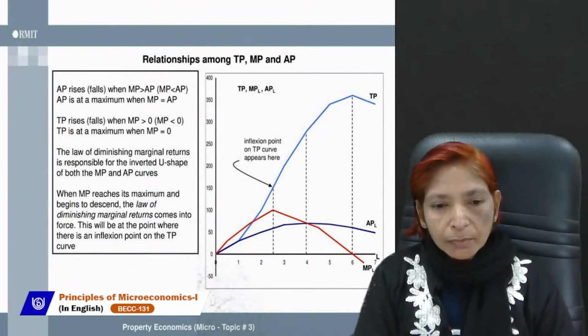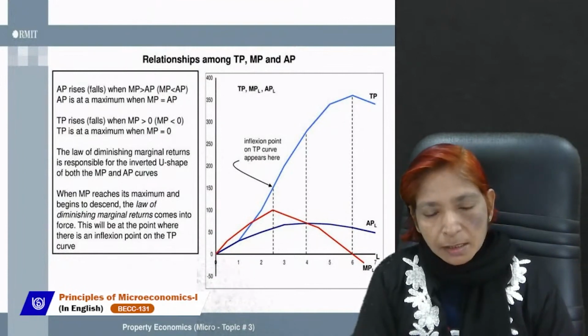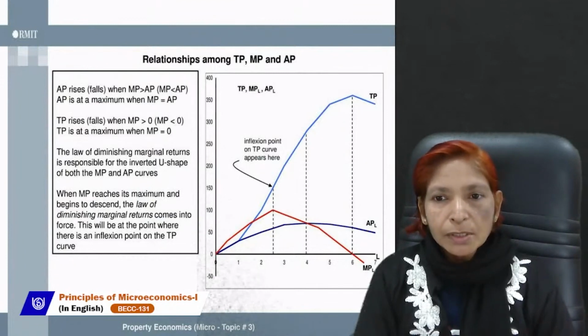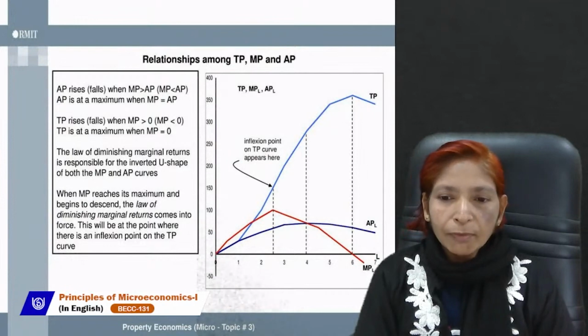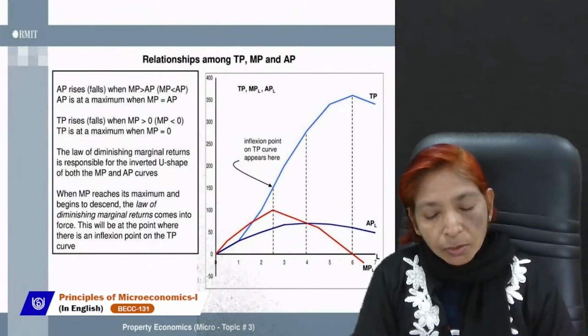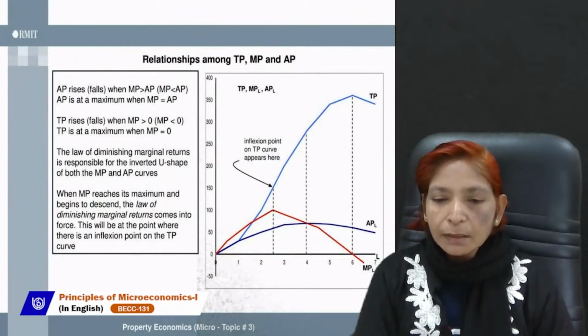In this diagram, TP is increasing. After that, TP will become maximum, and at last TP starts falling. So when TP increases, AP also increases, because AP is calculated with the help of TP. The formula of AP is TP divided by Q. And MP is also calculated by TP.